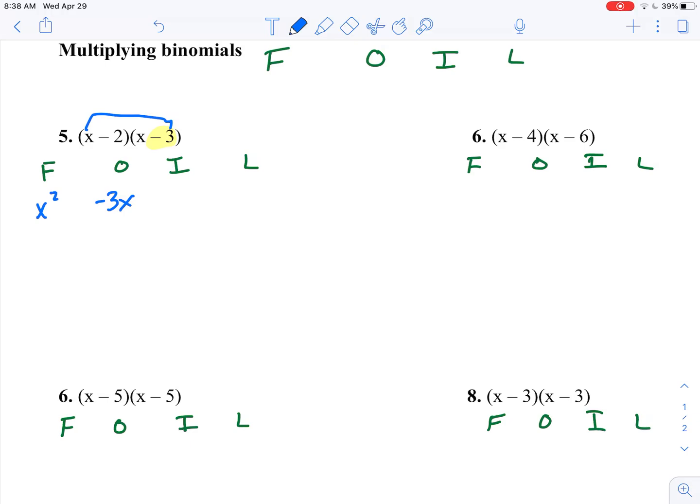Our first product is x times x, which is x squared. Outer: x times -3. You have to be very careful about keeping that negative sign with the 3. So x times -3 is -3x.